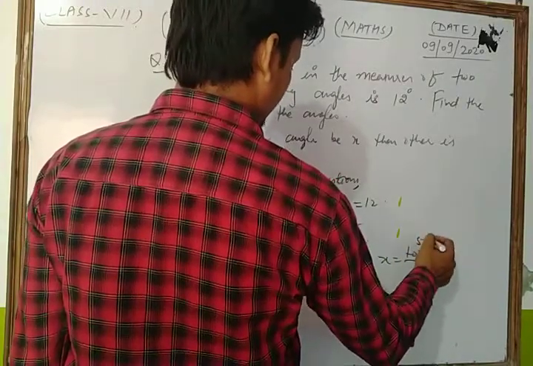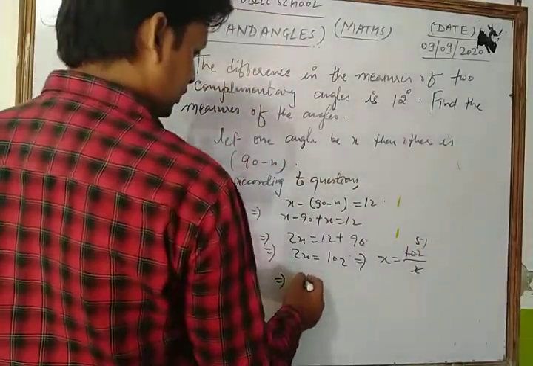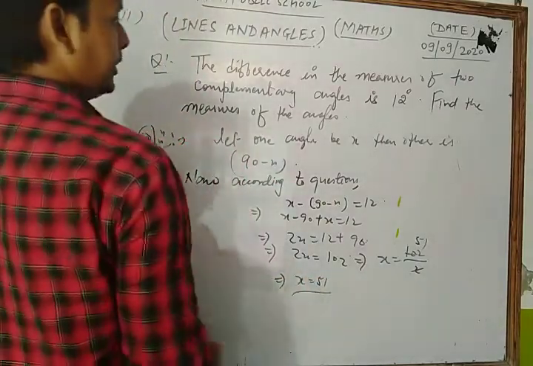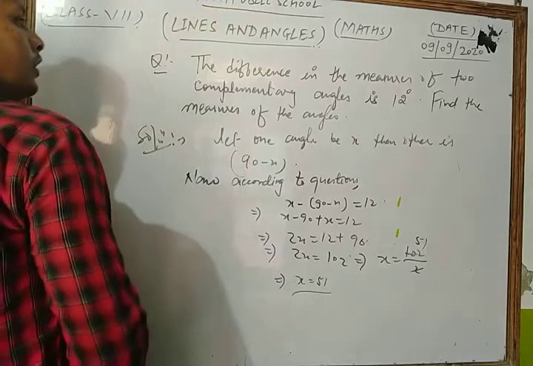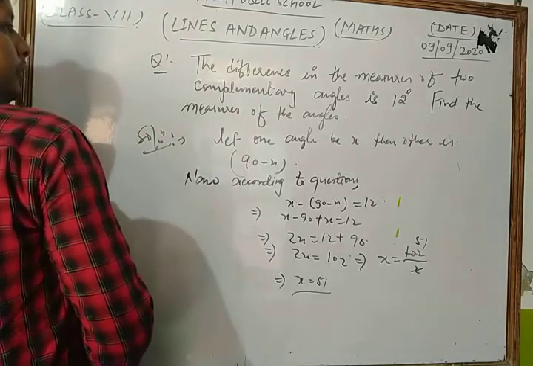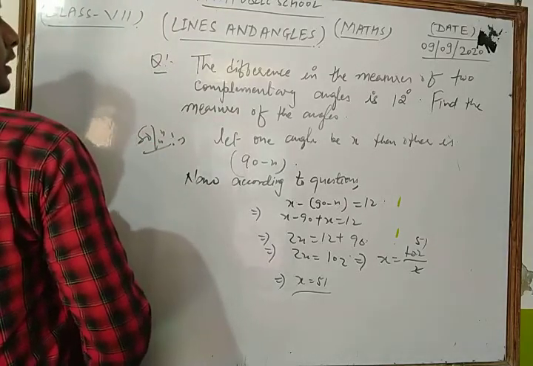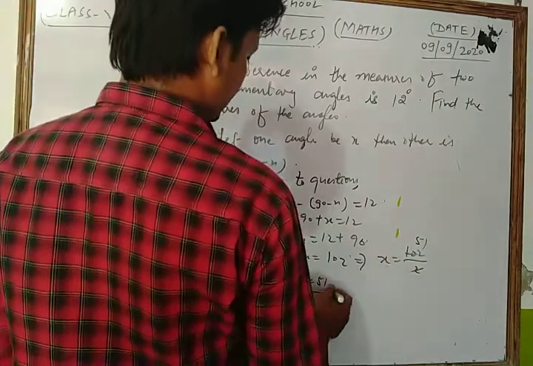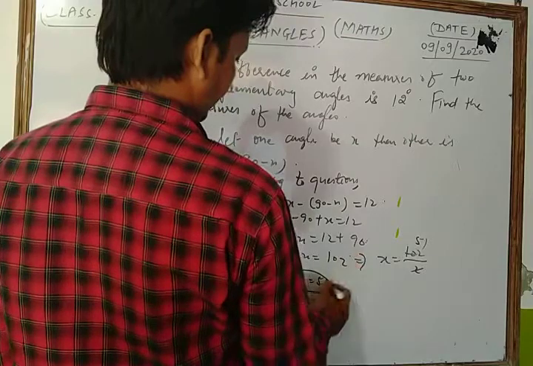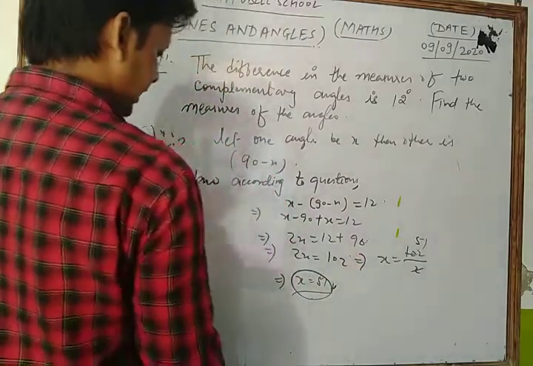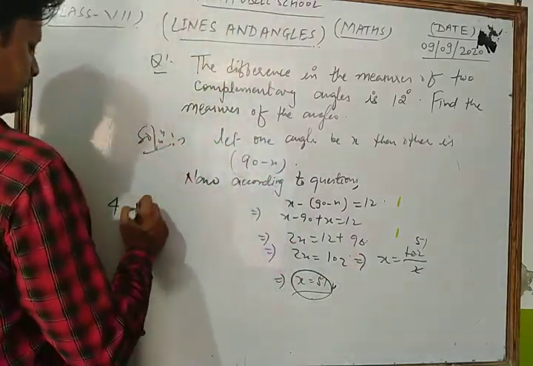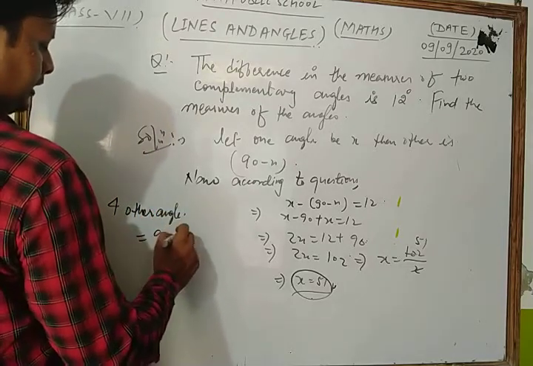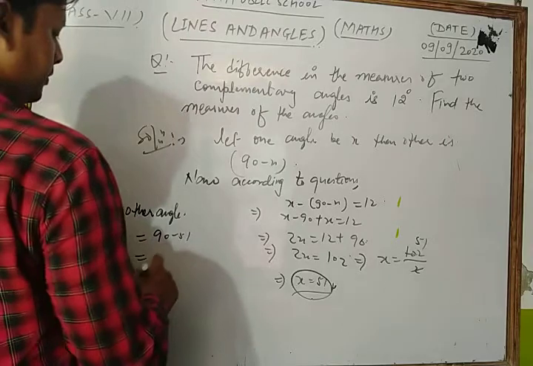2 fives are 10, 2 ones are 2. So x is equal to 51, so one angle is 51. In this way we get the value of x is 51, and the other angle is 90 minus 51, which means what?